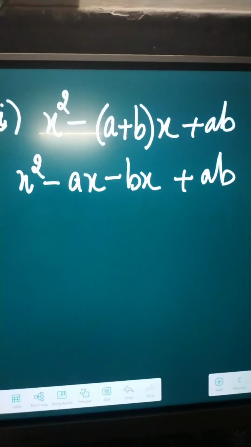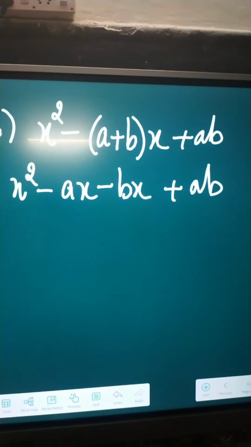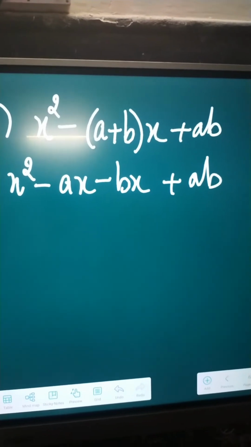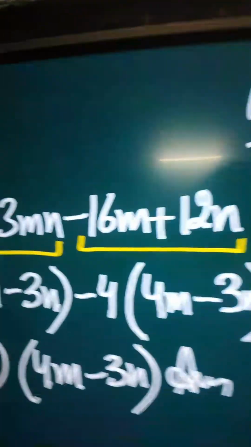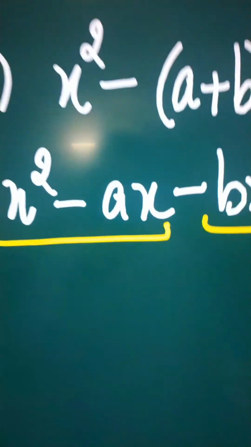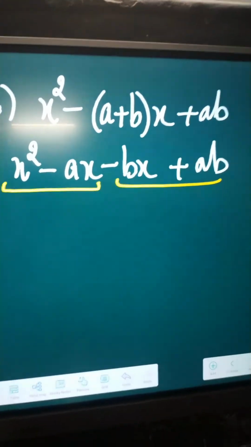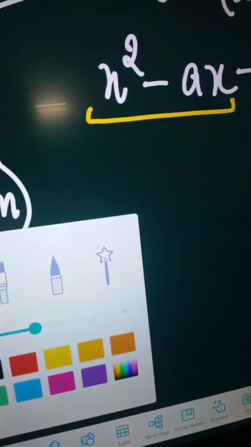There is a minus sign, so x square minus ax minus bx plus ab. Now the question becomes like this. Because now there are two groups, in the first and in the second I will take common, and let's see whether the same thing comes or not.